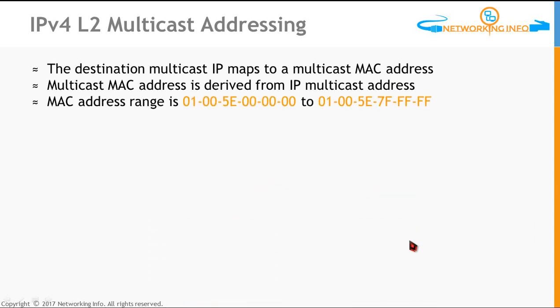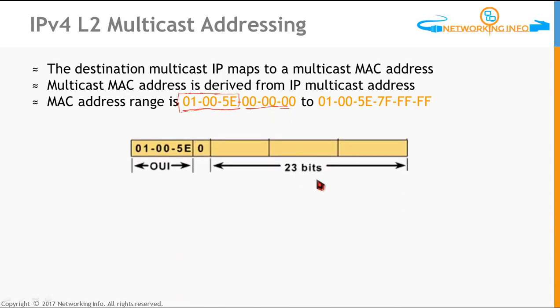This is the range for multicast MAC addresses here. If you see this range, it belongs to multicast MAC addresses, and for the remaining bits we'll talk about how to change and map the layer 3 multicast address here.